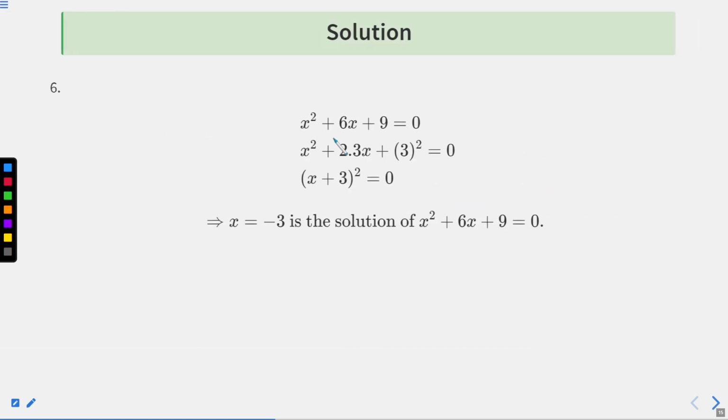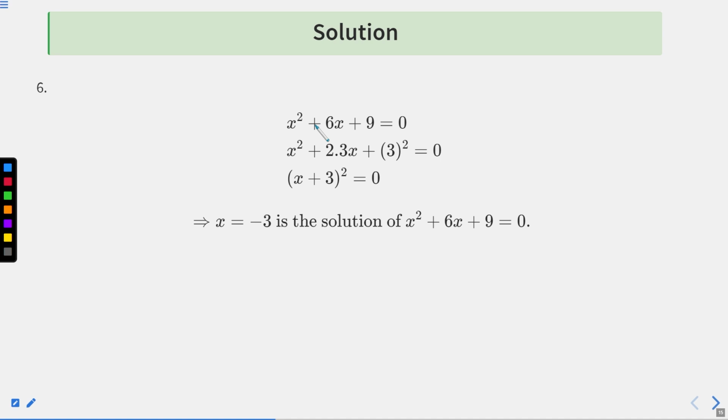So here we can substitute the value of x equal to minus 3 directly, and check whether the value of this quadratic polynomial x square plus 6x plus 9 is equal to 0 or not. But here we will first factorize this. So x square plus 6x plus 9 is equal to 0.